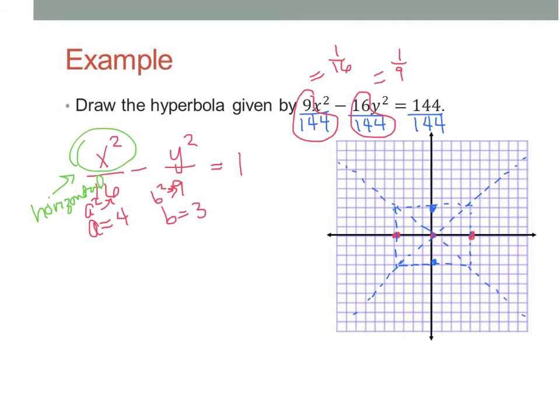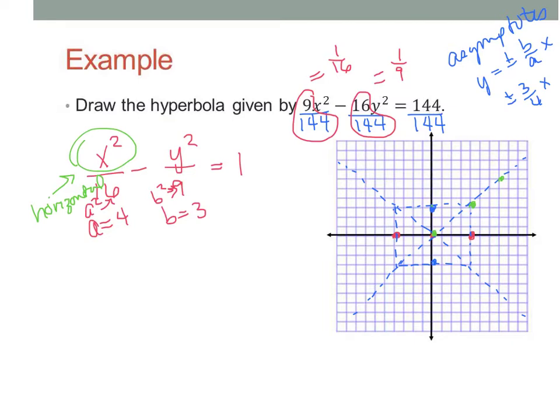If you wanted to be really specific, you write down that the asymptotes have equations of y equals plus or minus b over a times x, which would be plus or minus 3/4 x. So from 0, 0, you could go up 3 and over 4, that would put you there, and you could count all of your asymptotes and make sure you're at exactly the right place.